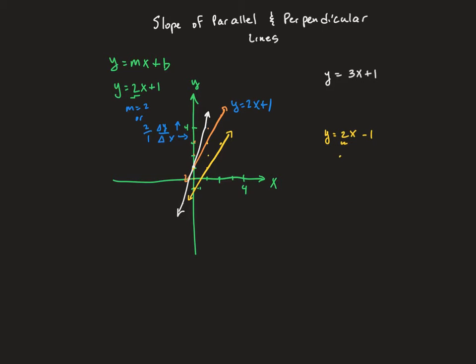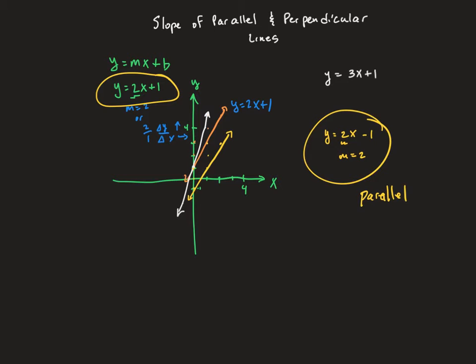If you'll notice, my slope is again 2, so that equation and that equation are going to be parallel because they have the same slope. But of course, just figuring out slope intersections. So as the rate of change, then the slopes of parallel or slopes of perpendicular lines.